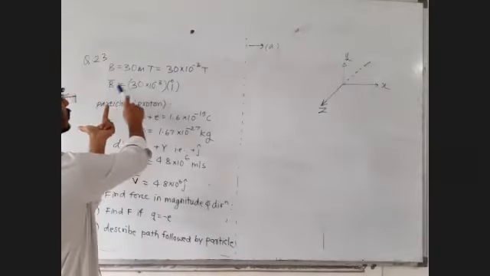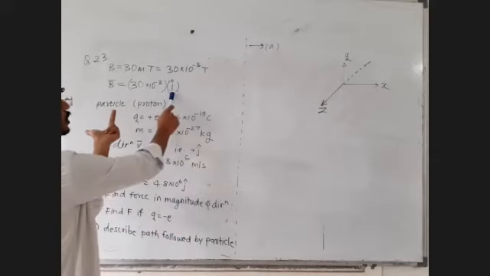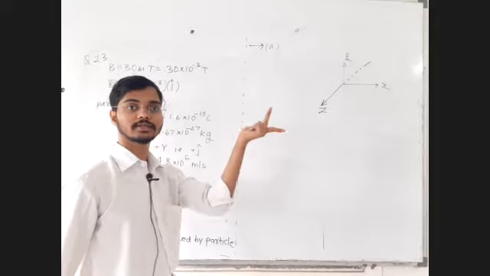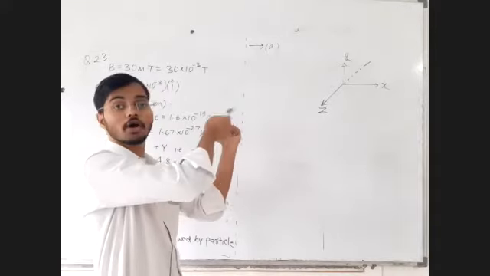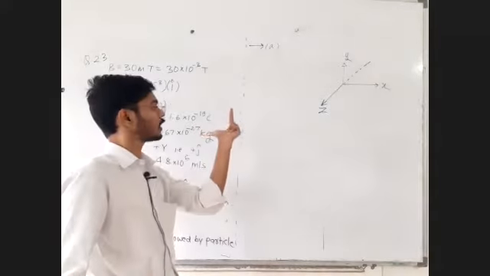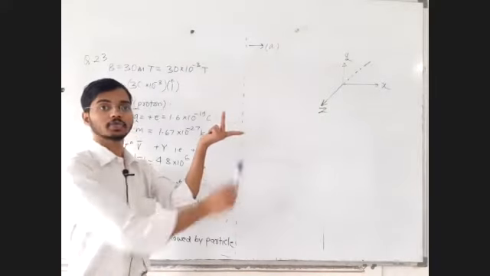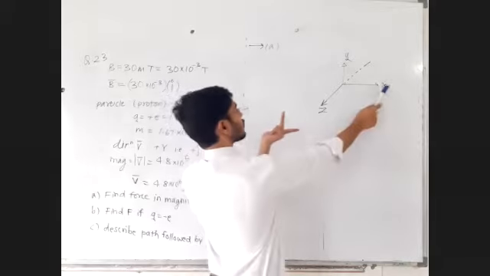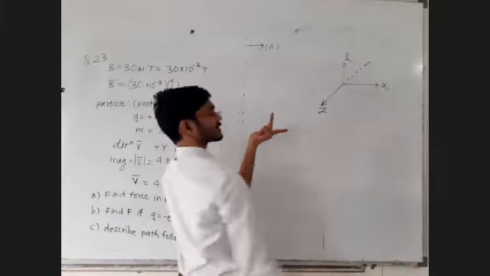Magnetic field is along the positive x-axis. So you have to rotate your hand. See, I am maintaining the direction of middle finger and I am rotating the hand so that I can point the direction of magnetic field along positive x-axis.